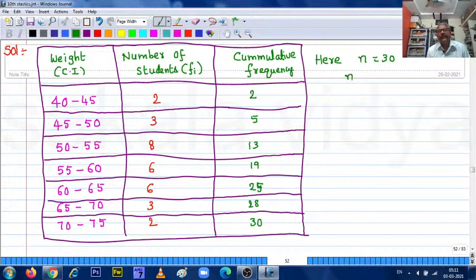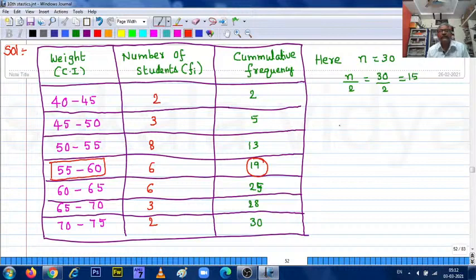Now find n upon 2, which is 30 upon 2, that is 15. In the cumulative frequency, look for the cumulative frequency just more than 15. So this observation 15 comes under 55 to 60. This 55 to 60 is called the median class.